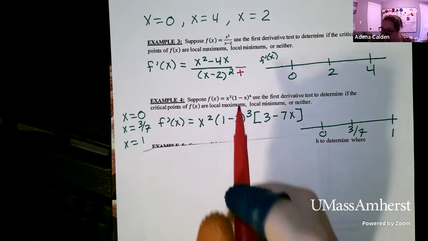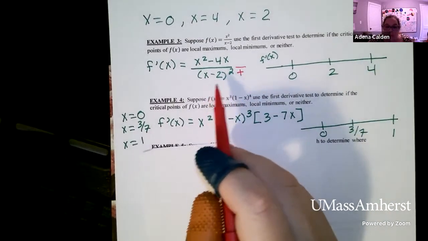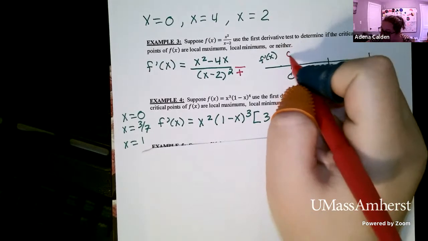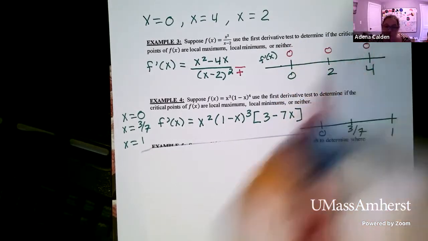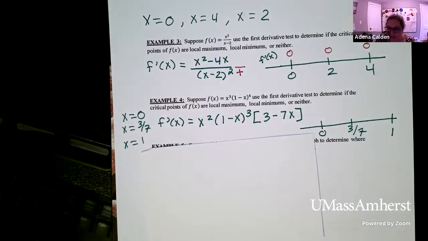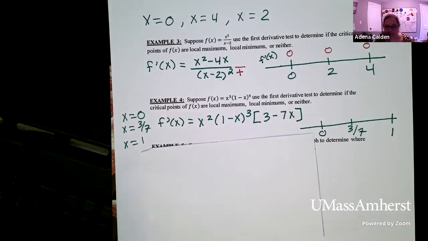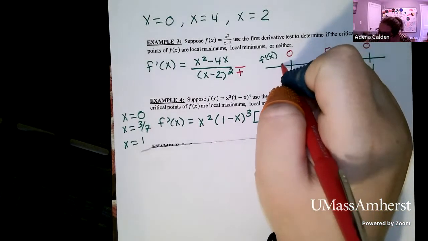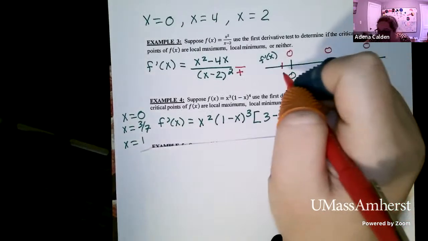It doesn't matter what numbers I plug in here, we're going to get something positive because I'm not plugging in 2, because that's one of my critical points. We're plugging in things around 2. So since the denominator is always going to be positive, I really only have to plug my test points into the numerator.